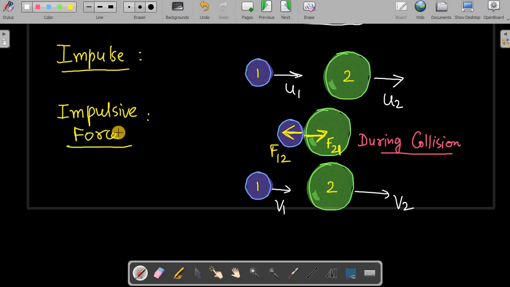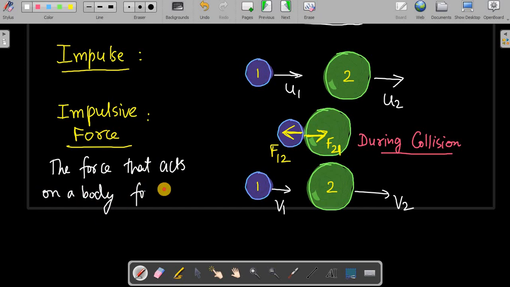So what is called impulsive force? The force that acts on a body for a very small time is called impulsive force.